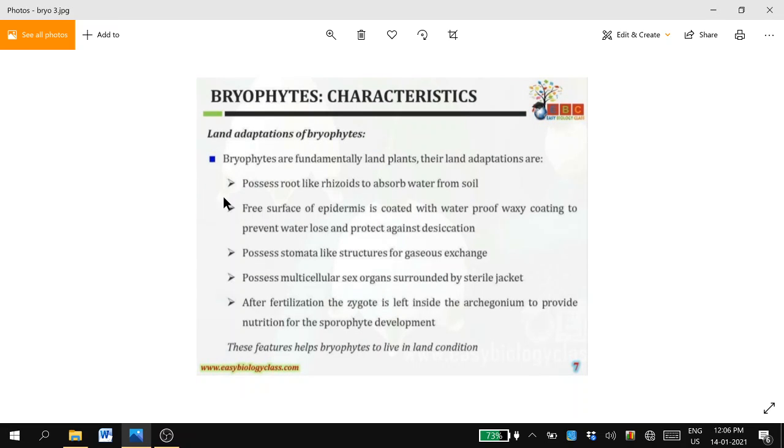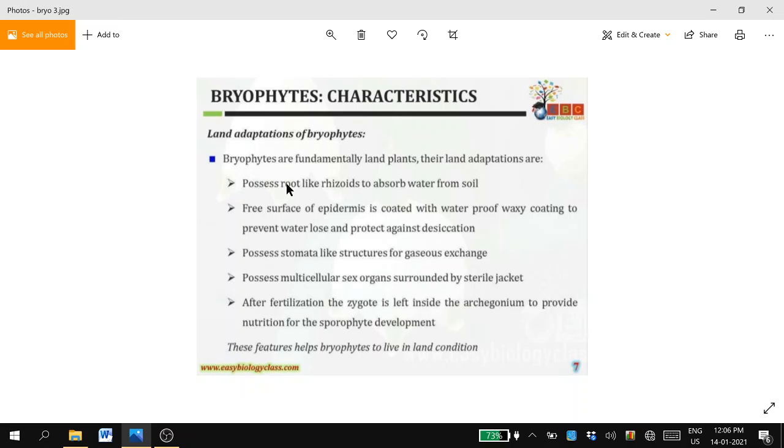So these are some of the adaptations of bryophytes towards terrestrial habitats. This point says that bryophytes have rhizoids. These rhizoids are root-like structures.